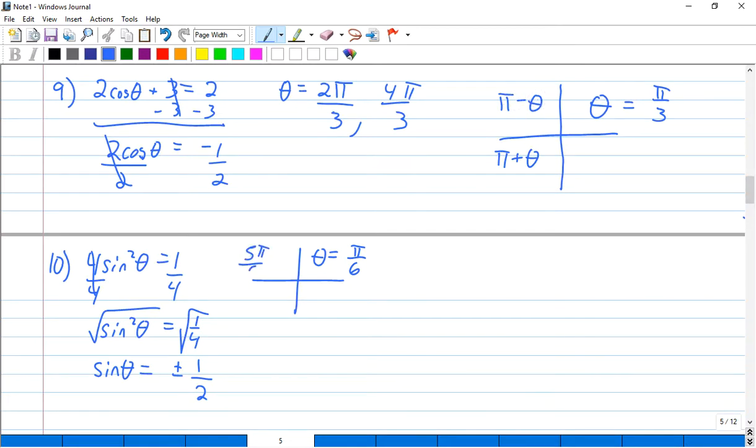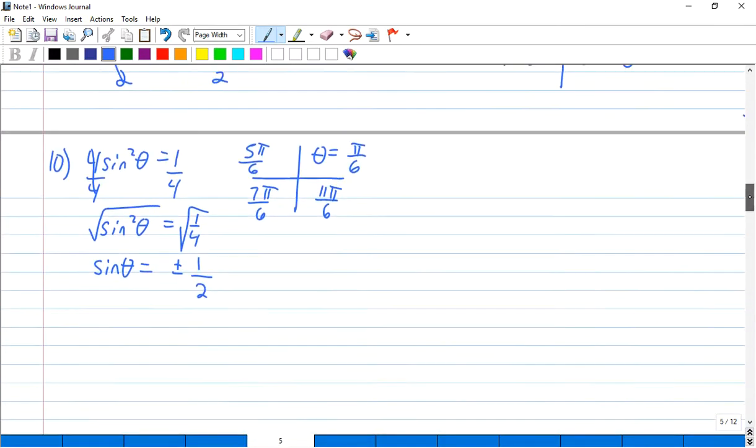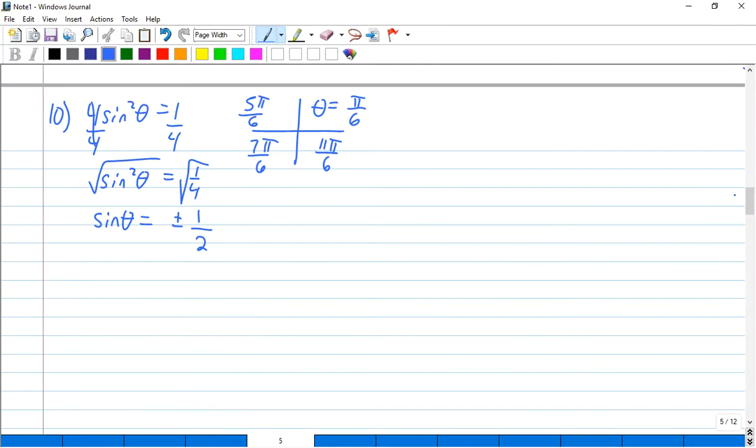That's 5 pi over 6. The third quadrant, it's pi plus pi over 6. That's 7 pi over 6. And the fourth quadrant, remember it's 2 pi minus the reference angle, so 2 pi minus pi over 6. That's 11 pi over 6. So that's your 4 answers.